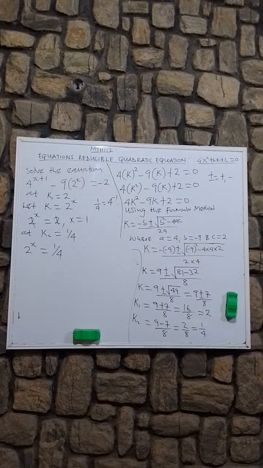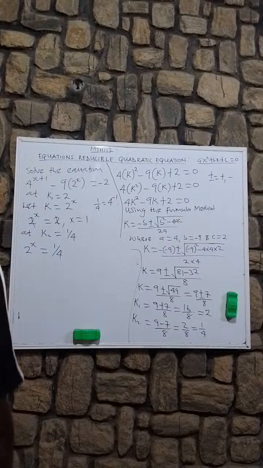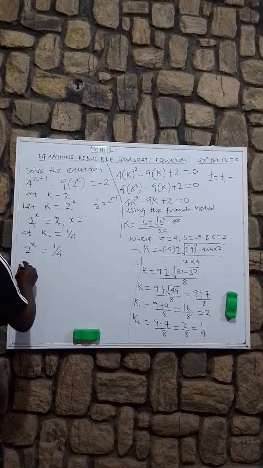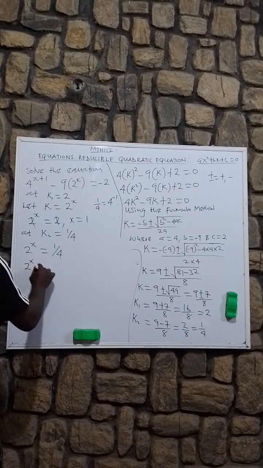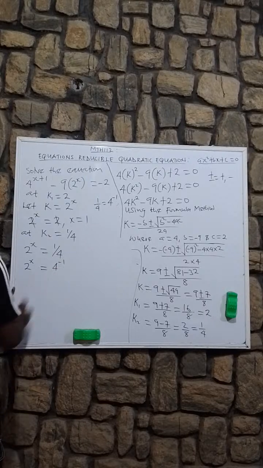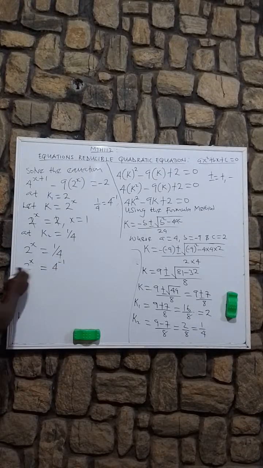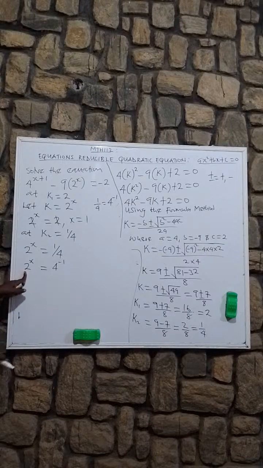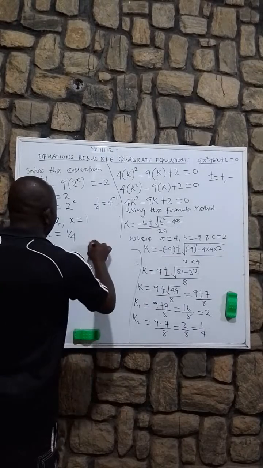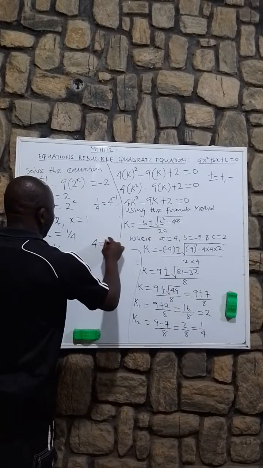So, if you can see what I am saying, let's transform this into this form. 2 raised to the power of x is the same thing as 4 raised to the power of minus 1. Then we apply indices. The base here is 2, so we have to make the 4 into base 2. You know that 4 is the same thing as 2 raised to the power 2.